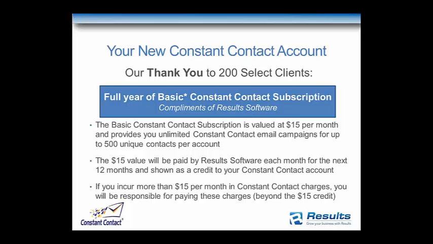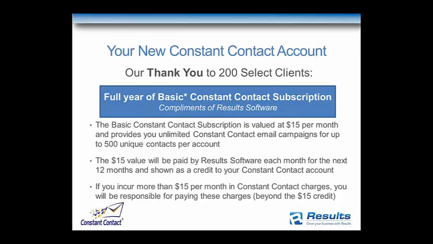Now, as Anna Maria is going to show you, Results CRM interacts with email campaigns directly. That's where the integration is. But the Constant Contact tool doesn't stop with email campaigns only. You are able to do event tracking. You're able to do surveys. You're able to do quite a few more things because of the powerful engine that Constant Contact represents.